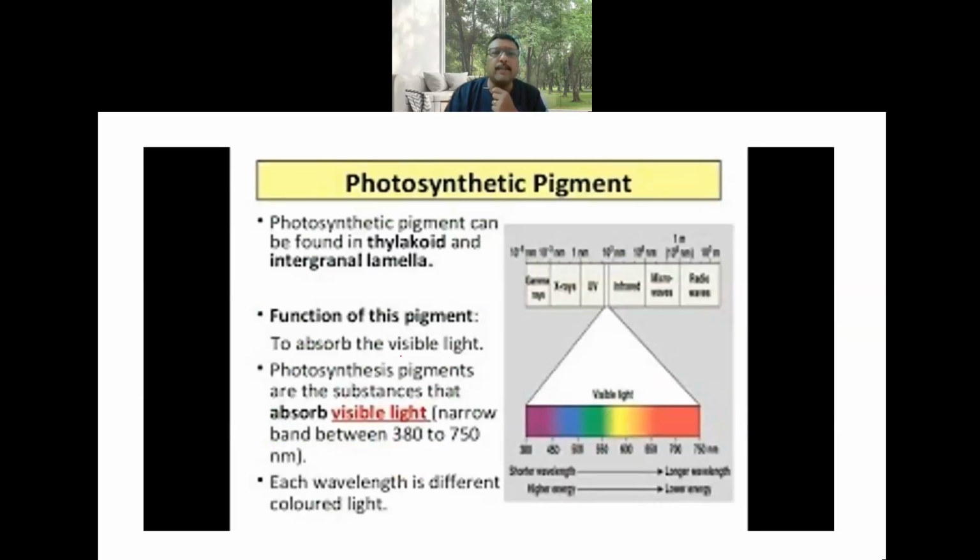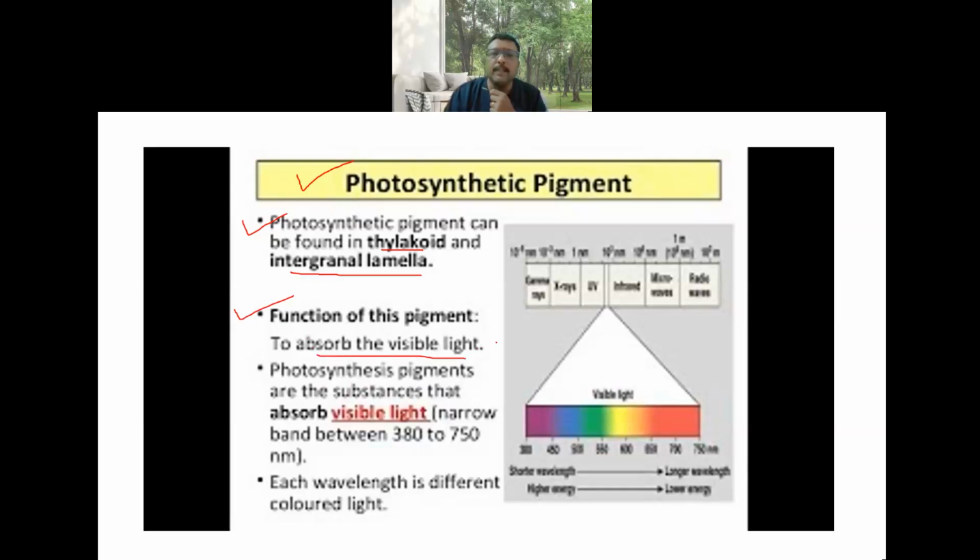Before going into the reaction part, we discuss the photosynthetic pigments that are used in photosynthesis. The photosynthetic pigments can be found in the thylakoid and intergranal lamellae. The function of these pigments is to absorb visible light.